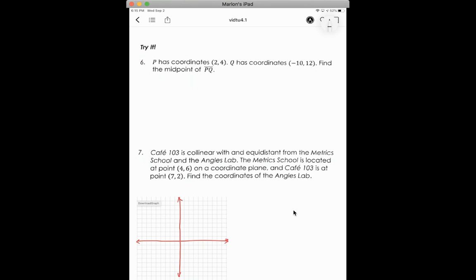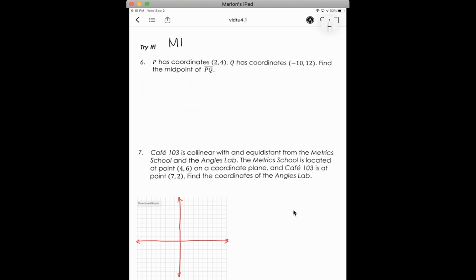No, not exactly. You don't need to graph the points because you can still solve for the midpoint using the midpoint formula, right? So let's recap the midpoint formula.